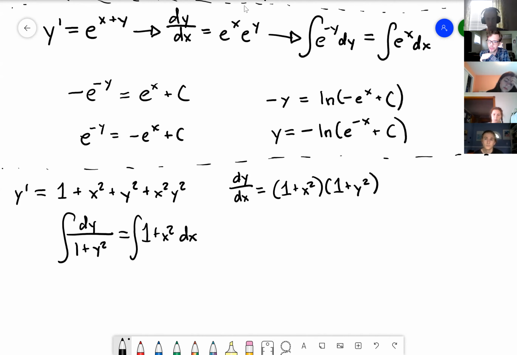Just integral. Does anybody remember what the left-hand side is? Would it be the arctangent of y? Yes, thank you.